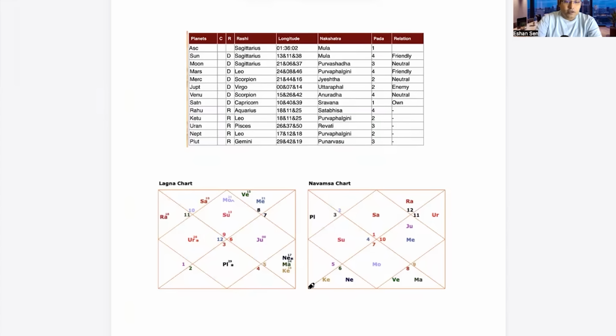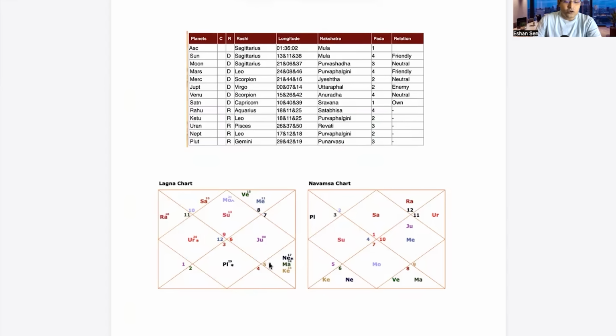Now, before moving into the remedies part, let me share my screen first. See, this is a chart of a male person. And you can see all the planets.